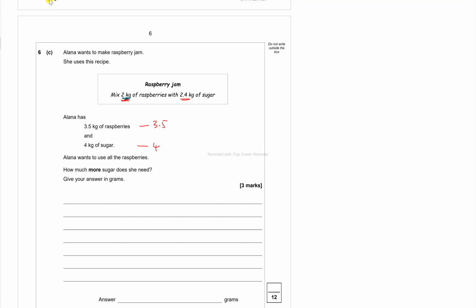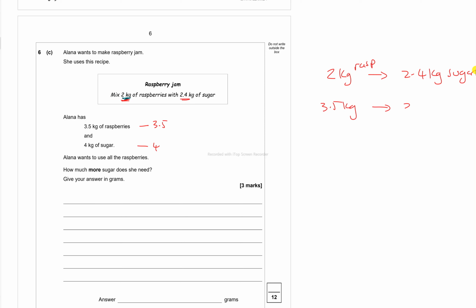How much more sugar does she need? Right, okay. So she's got 2 kilograms of raspberries, needs 2.4 kilograms of sugar. She's got 3.5 kilograms of raspberries.